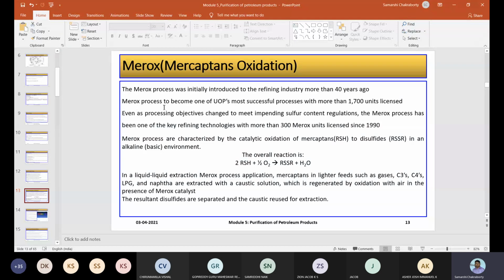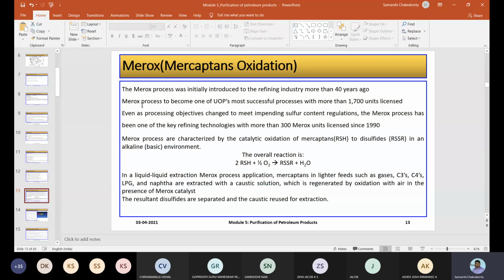The Merox process became one of UOP's, that is Honeywell's, most successful processes, with more than 1,700 units licensed, because this Merox treatment was developed by Honeywell first. Whoever installs this type of Merox unit will have to give some royalty, or it has to be licensed under Honeywell UOP.